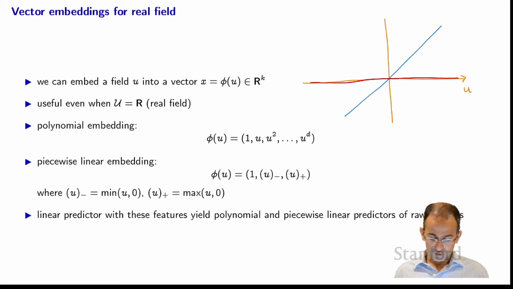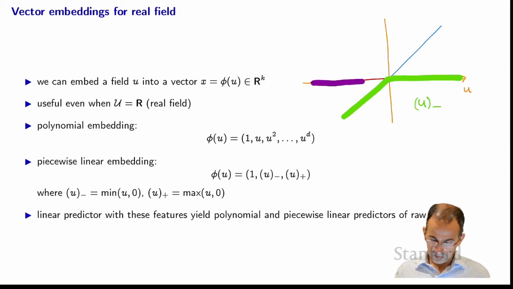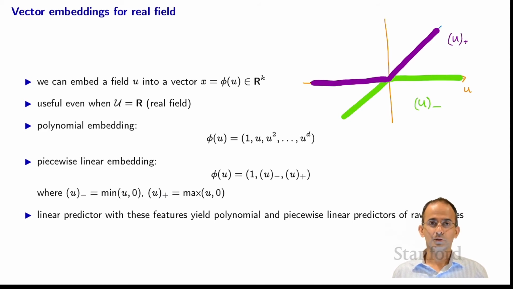And then u subscript minus is the minimum of these two functions, which means that there is u subscript minus. And u subscript plus is the maximum of these two functions. And so that means that this here is u plus.